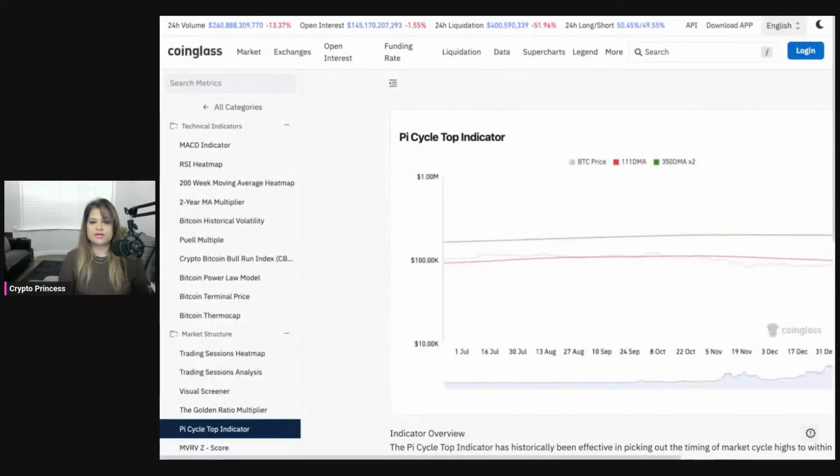Now, if we look at the Pi cycle top, there have been 5 tops or 5 all-time highs in Bitcoin's bull markets since the Genesis block in 2009. And the Pi cycle top has accurately called 4 of them. The only one that it hasn't called was the second peak in 2021.